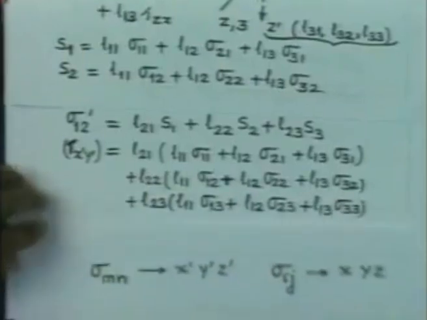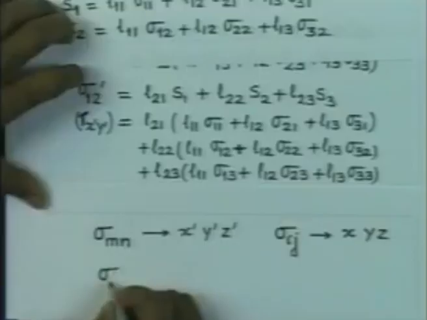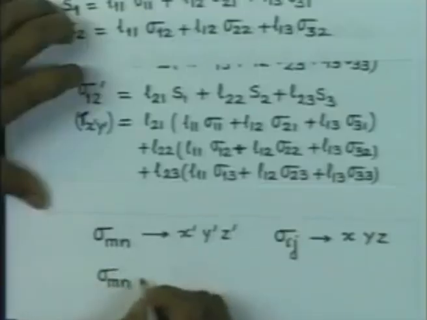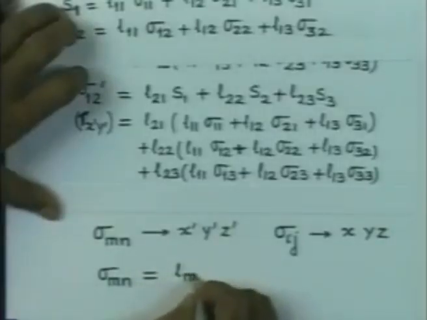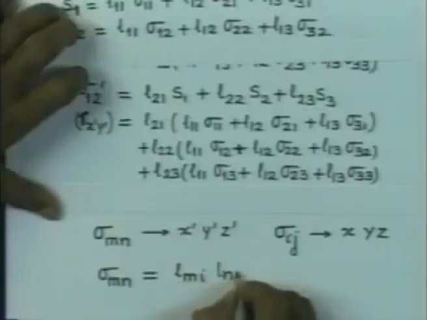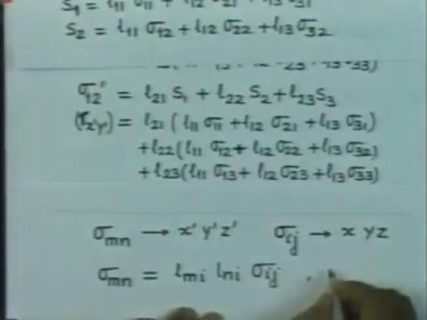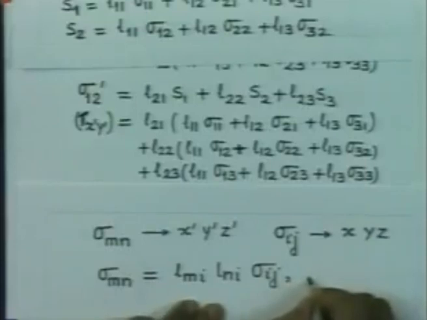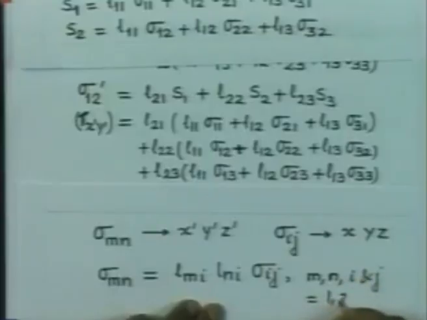Then we can write the connectivity between the two sets using the earlier expressions in a compact, generic form like this: sigma Mn is equal to L Mi L Ni sigma ij, wherein all these M, N, so also i and j take up values 1, 2, 3.